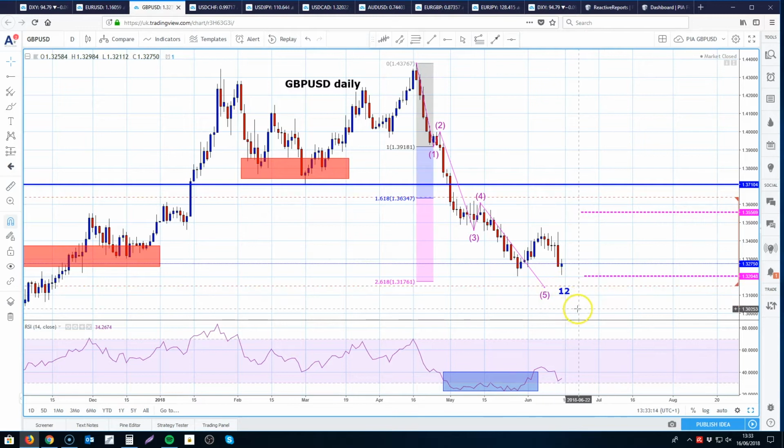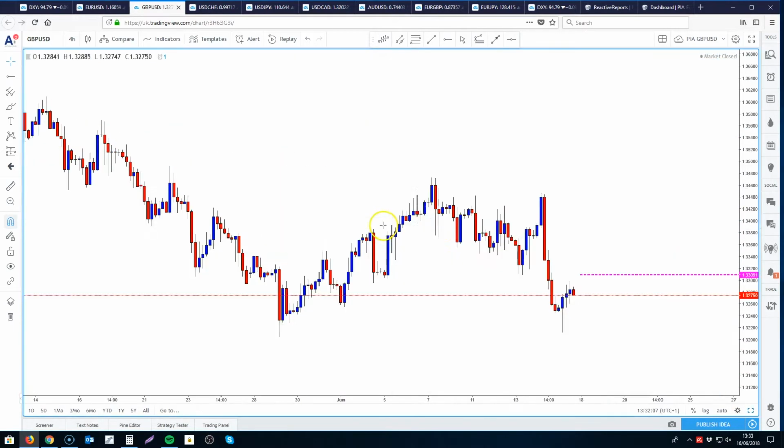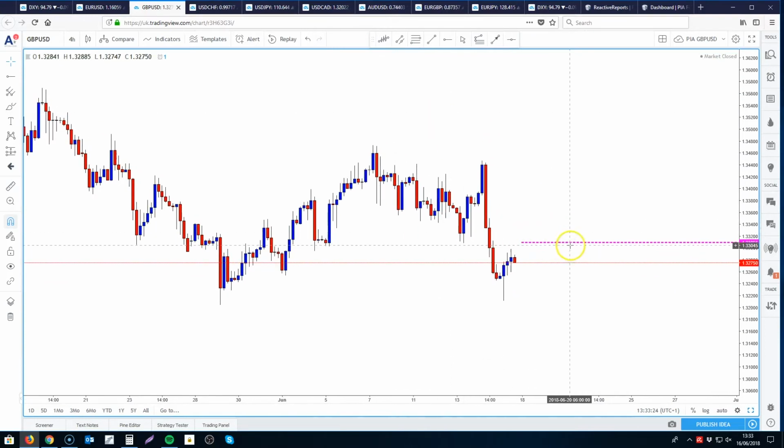We can't get a projection of a 13 count until that 13 count's been posted, but we're looking for dips to be bought into, and also rallies to be sold at the moment. So again, it's more of an intraday play than it is a medium-term play. 133.08 is our resistance level, and again, with that being previous support, it's quite a good resistance to the upside.